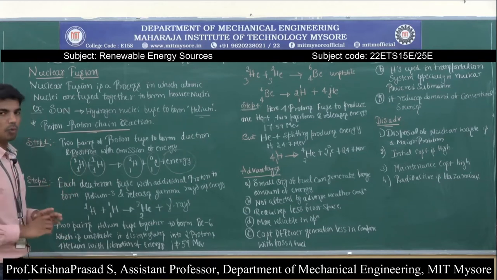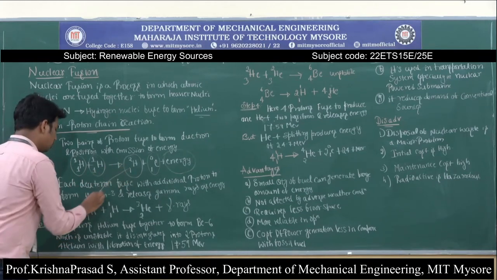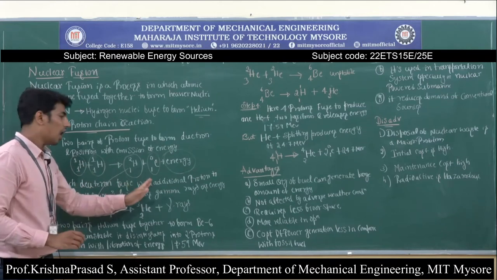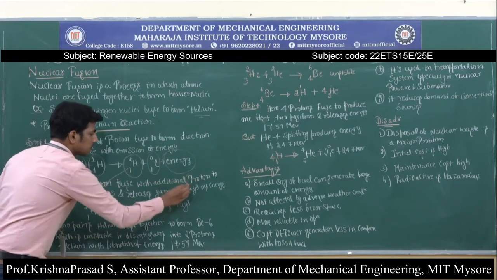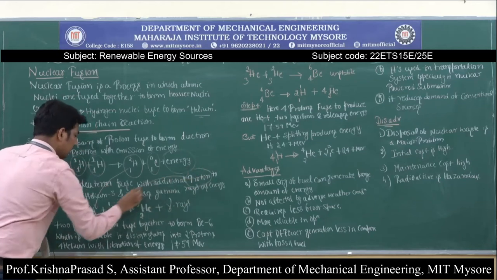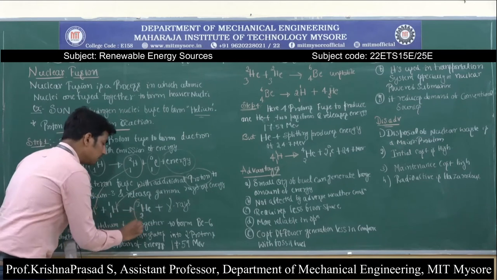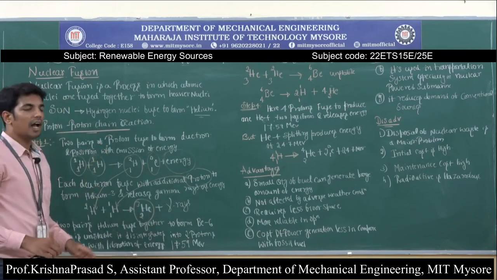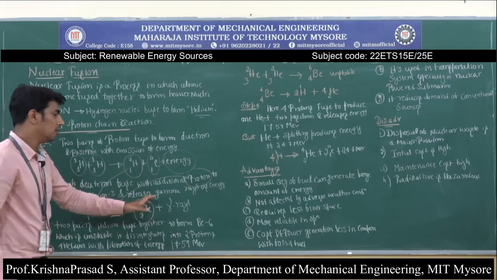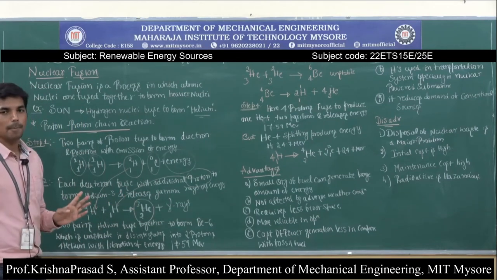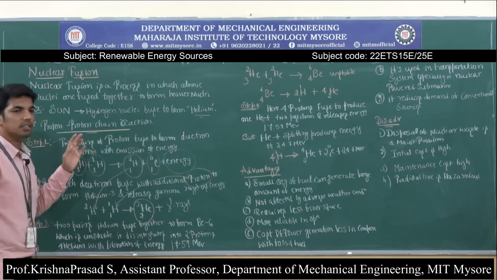Next, in step 2, each deuteron fuses with an additional proton in order to form helium-3, and it releases energy in the form of gamma rays. So this is step 2. Okay, I repeat, what happens in step 1?